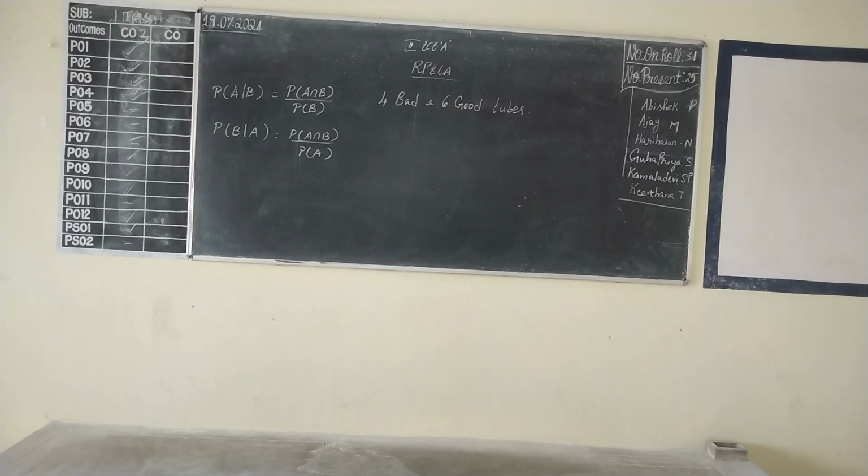One of them is tested and found to be good. What is the probability that the other one is good?